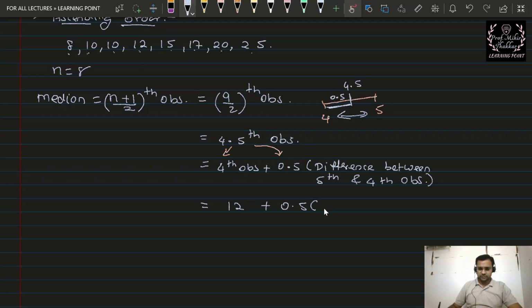So 15 minus 12, that is 12 plus 0.5 multiplied by 3. 3 into 0.5 is going to be 1.5. So 12 plus 1.5 is going to give you 13.5, which is the required value for the median.